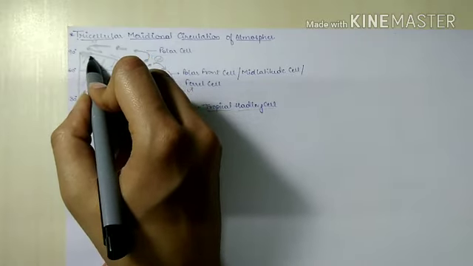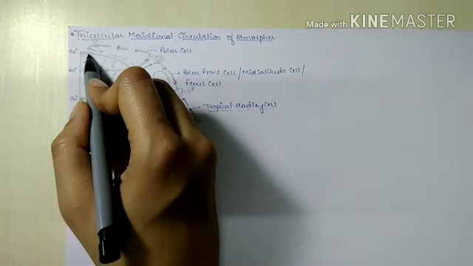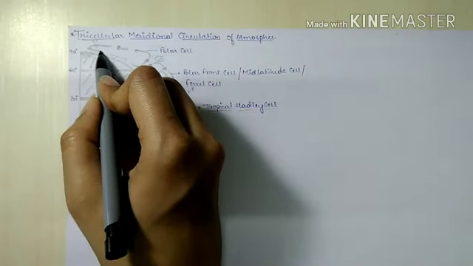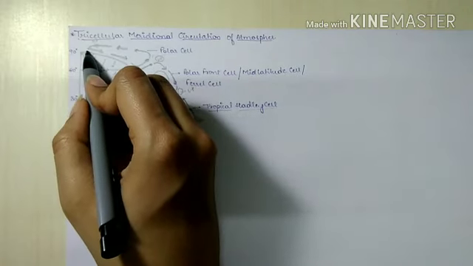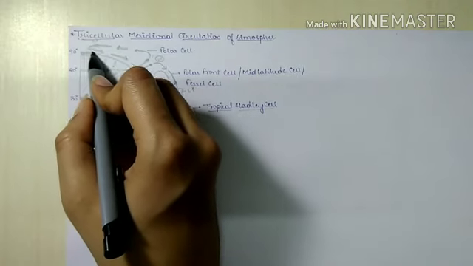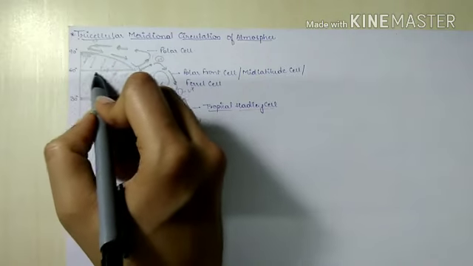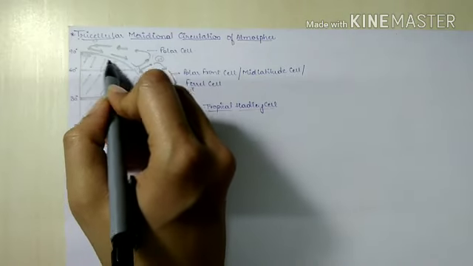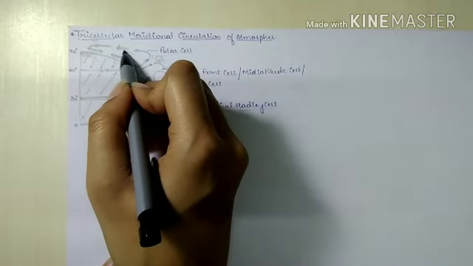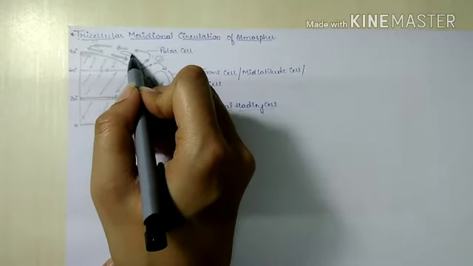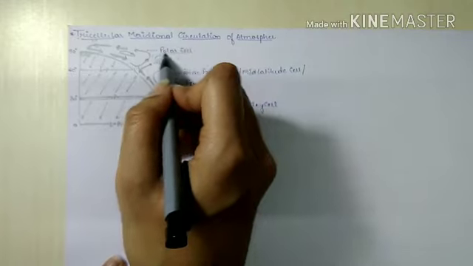And then we can see that at the ground level wind always moves from high pressure to low pressure. So it will move from the polar high pressure belt to the subpolar low pressure belt. So this is how another cell is formed. That cell is known as the polar cell.